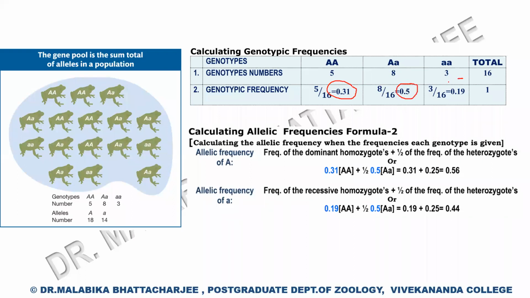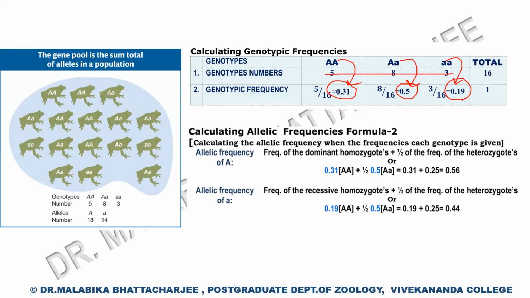So your starting data is this: genotypic frequency of capital A capital A 0.31, of capital A small a 0.5, and of small a small a 0.19. You do not have the other data with you. So when you have starting data like this, how do you calculate the allelic frequency?